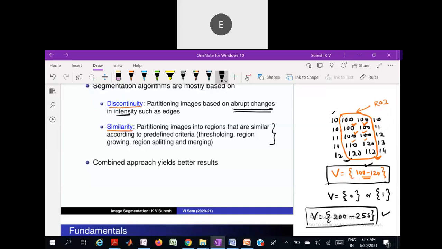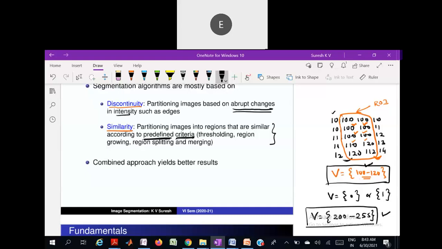That means start with a seed point and try to find similar gray level values based on some predefined criteria. That is very important. This predefined criteria will be decided based on the problem at hand. If you want to detect vegetation, you may have to use some color range. If you want to detect roads, you have to use some other predefined range, and so on.